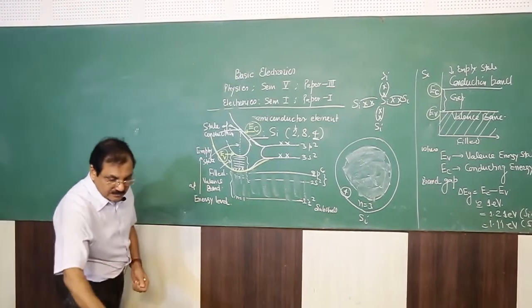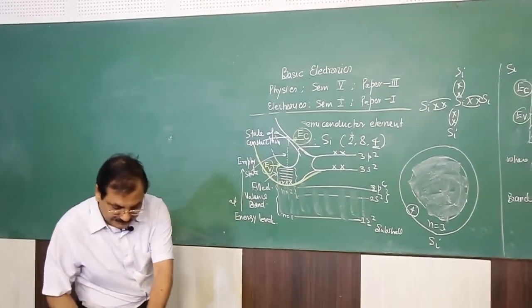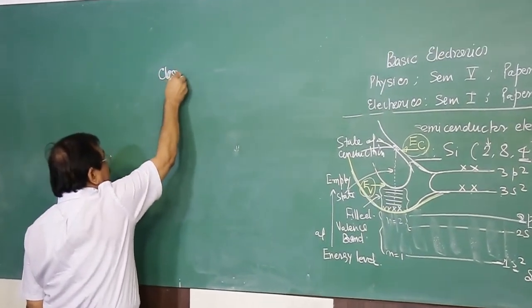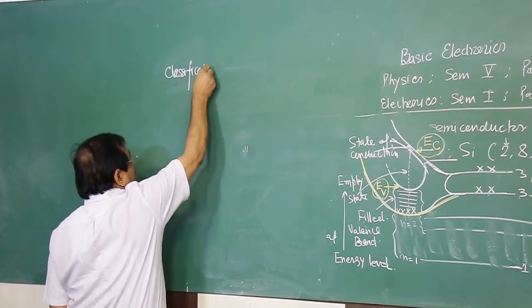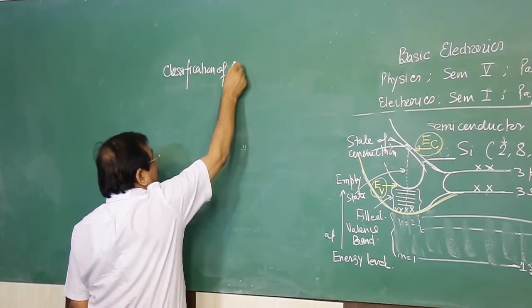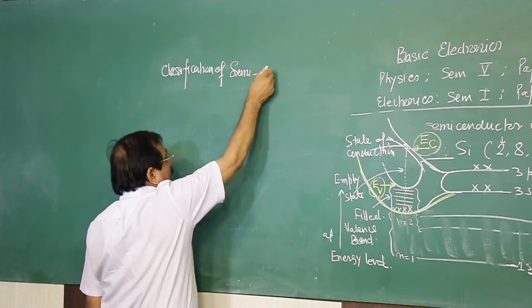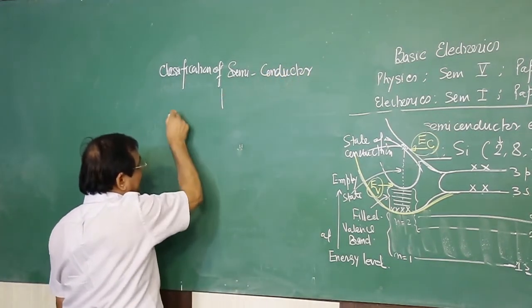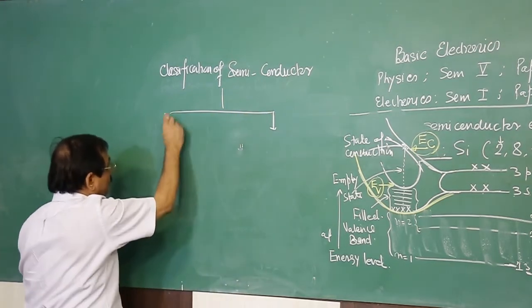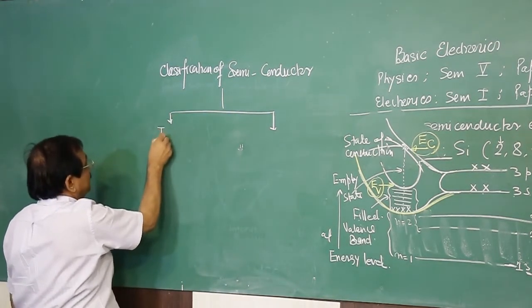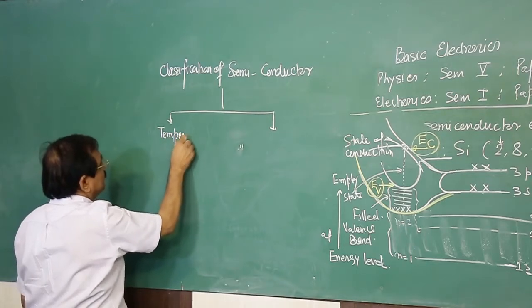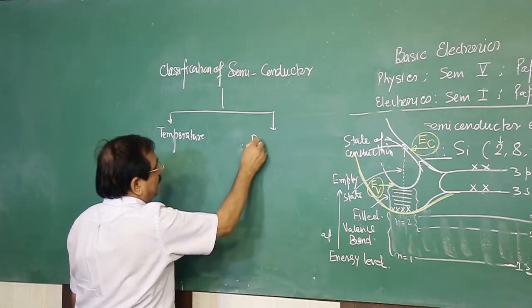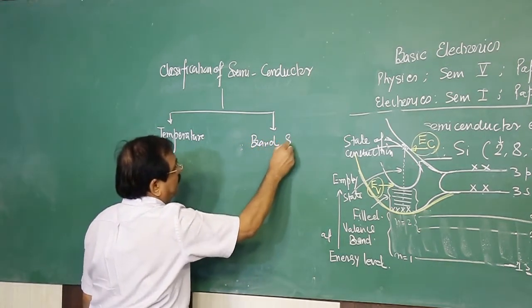So, the classification of semiconductor is in two parts: on the basis of temperature, and on the basis of band shape.